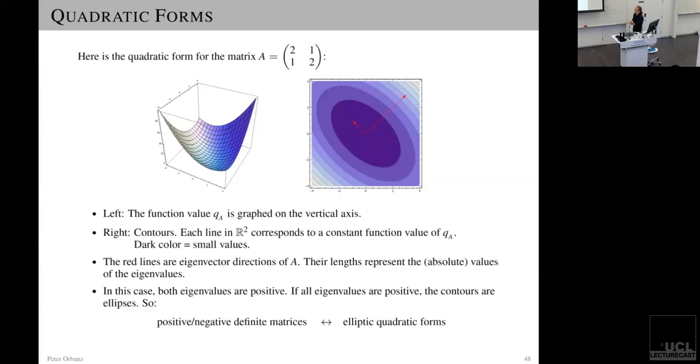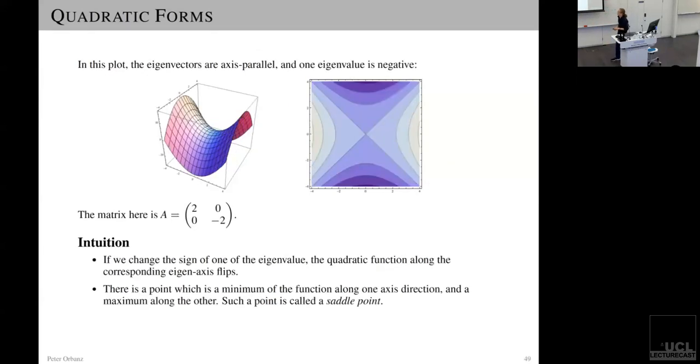Okay, so if we have strictly positive or strictly negative definite matrices, then we get elliptic quadratic forms. So these two are basically the same thing up to a complete sign flip, right? This is the case where we have done the same thing for a saddle point.